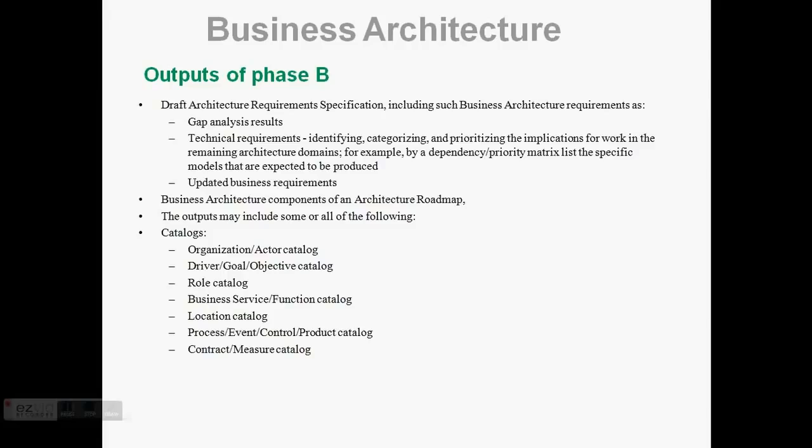Continuing with the outputs of phase B, we need to have a draft architectural requirements specification. This is a set of quantitative statements that outline what an implementation project must do in order to comply with the architecture.